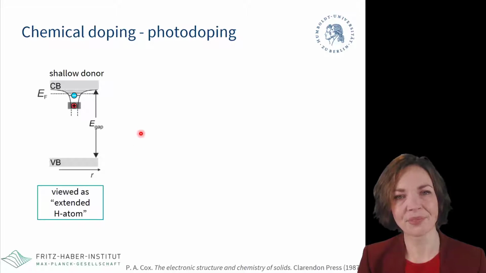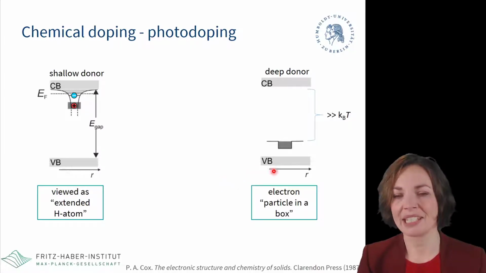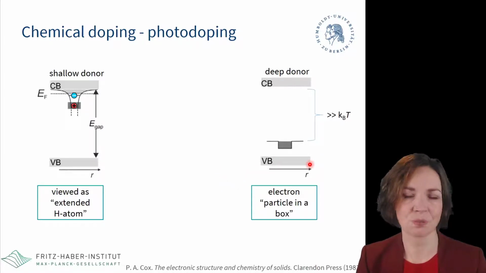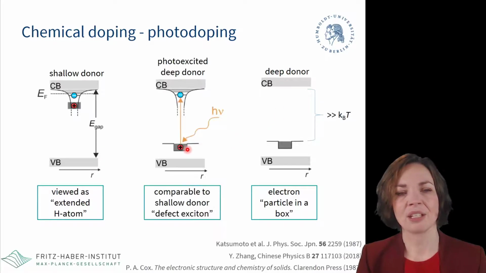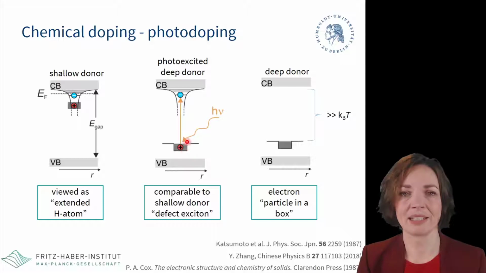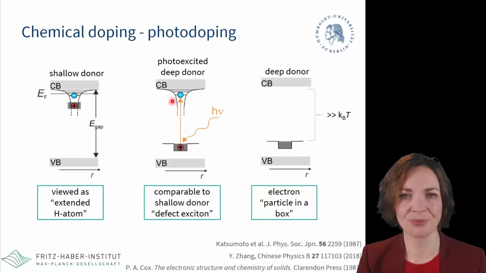Beyond these shallow donors, semiconductors also often show deep donors that can be introduced by chemical doping or also defects. Clearly here thermal excitation is not at play, but what you can do is photoexcite this deep donor, and then this positive local charge creates a hydrogenic potential, and the electron can bind in this potential to form a so-called defect exciton.